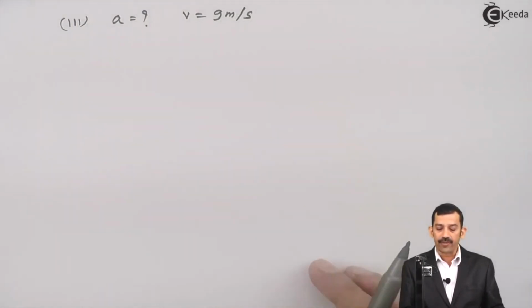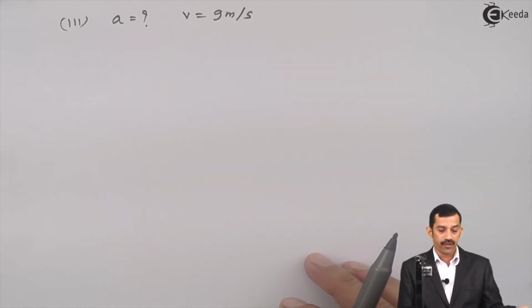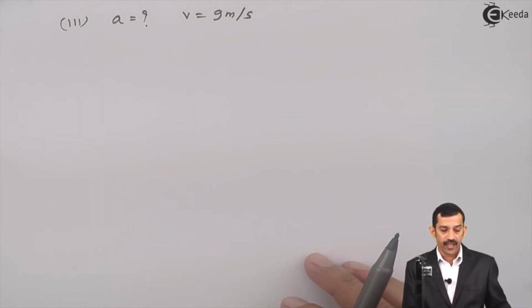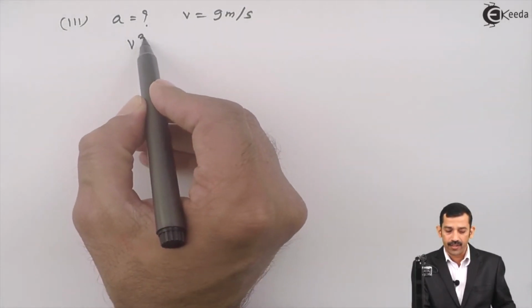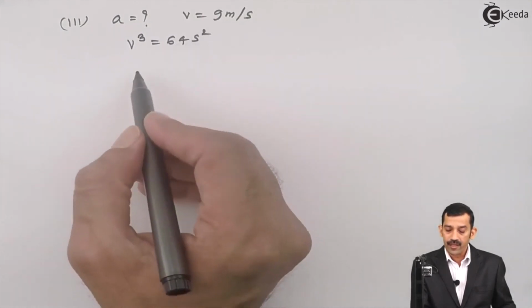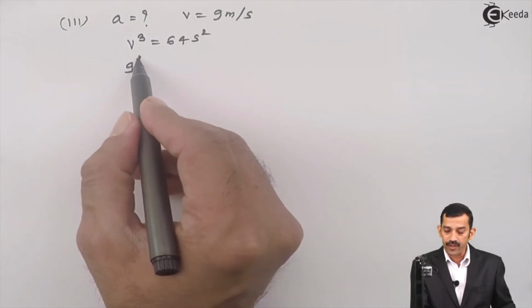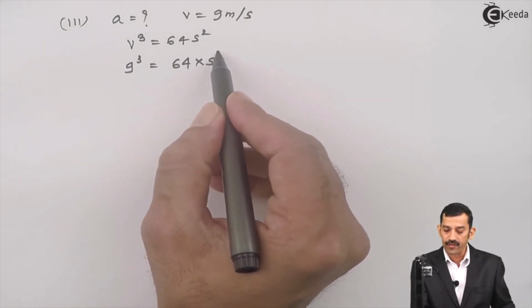At 9 meters per second, what is the position? That value we will find first. For that, the equation you already know in terms of velocity and s is v cube equal to 64 into s square. Velocity is 9, 9 cube equal to 64 into s square.